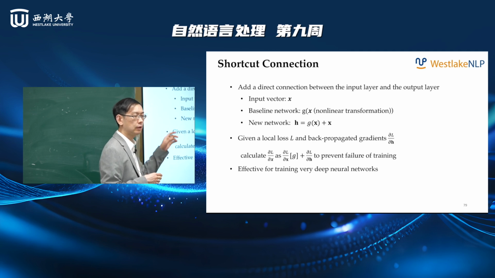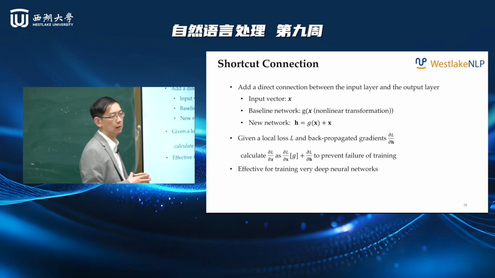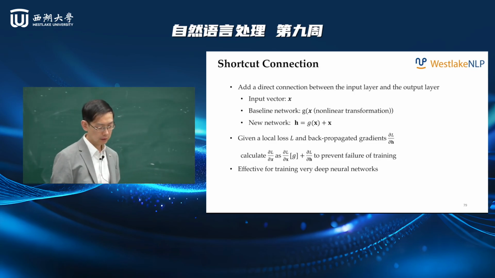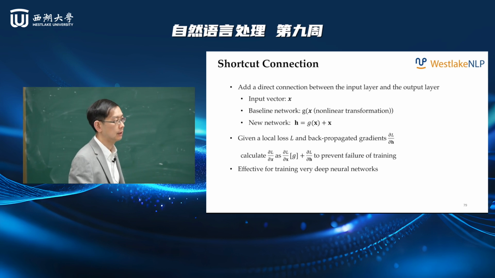So adding this shortcut connection reinforces the gradient on X, because the other path just copies the gradient on H to the gradient on X. It's just a copying. So your X will always learn and respond to output loss. This makes your neural network better. Shortcut connection.